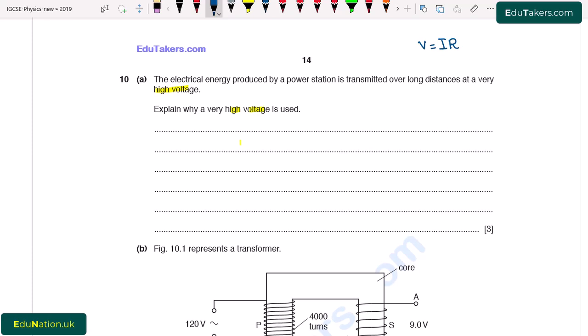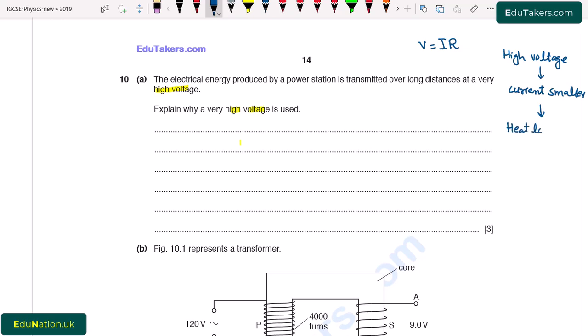I write here high voltage means that current smaller, and when current is smaller, the heat lost by the current will be decreased.